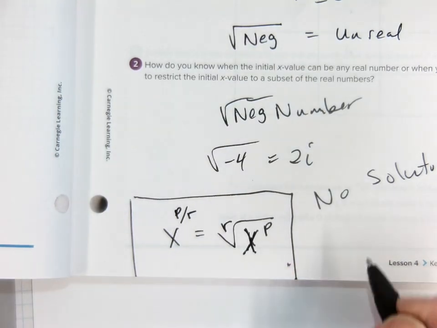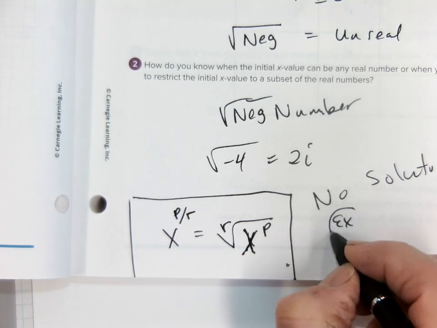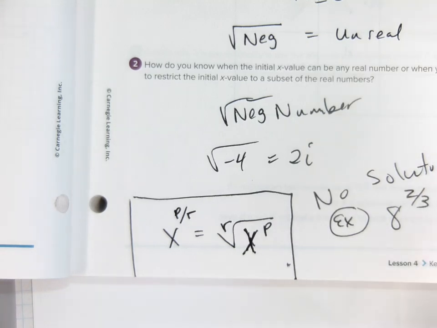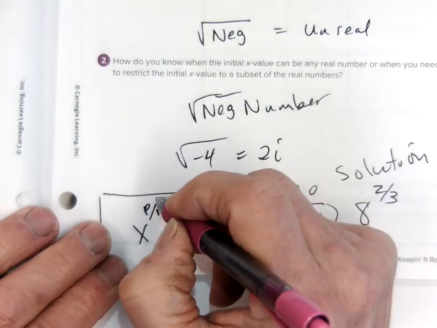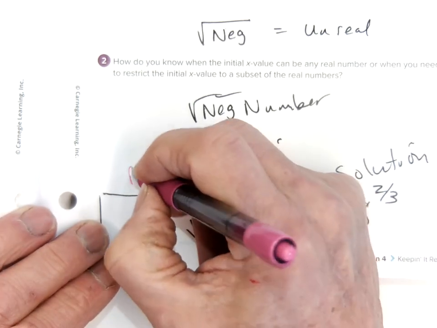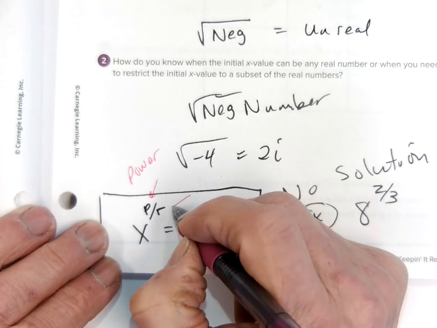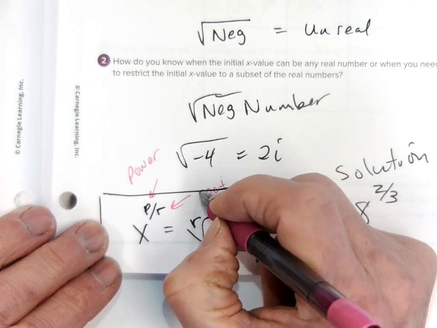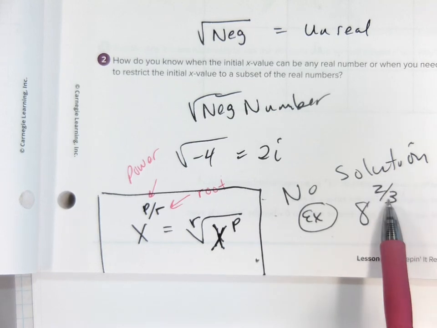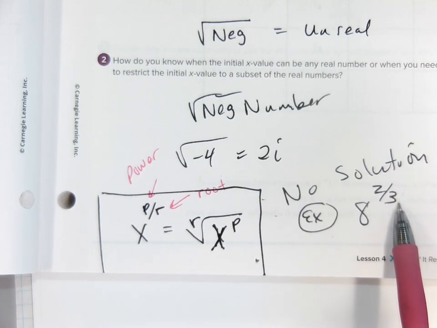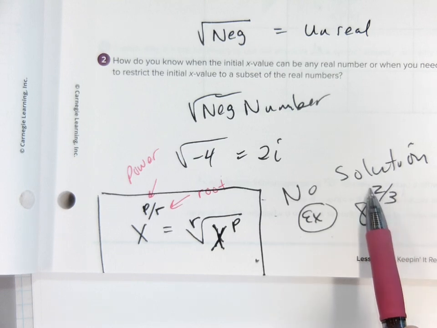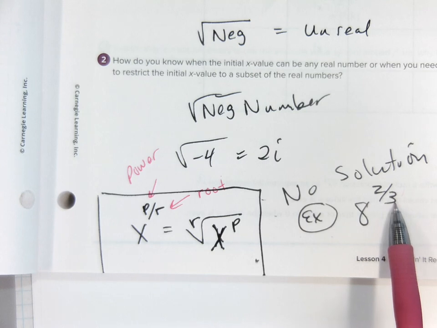As an example, if I have 8 to the 2/3, it's a fractional exponent. The top part is the power, and the bottom part is the root. So when your exponent is a fraction, the bottom number is the root. This would be a cube root. It's going to be a cube root squared.